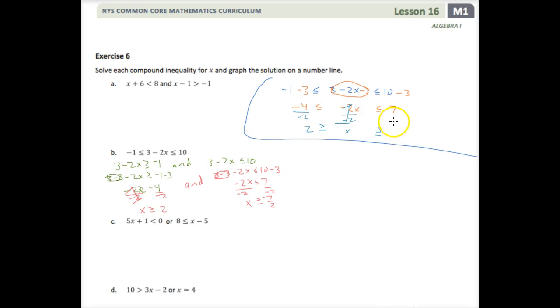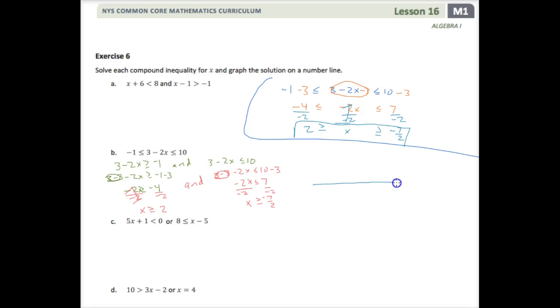And I've got to take care of 7 over here with a negative 2, which is negative 7 halves. All right. Not such a big deal, but you'll notice that we have x is greater than or equal to negative 7 halves, and x is less than or equal to 2. But in a way, I like this statement better because it's showing me where my in-between is.